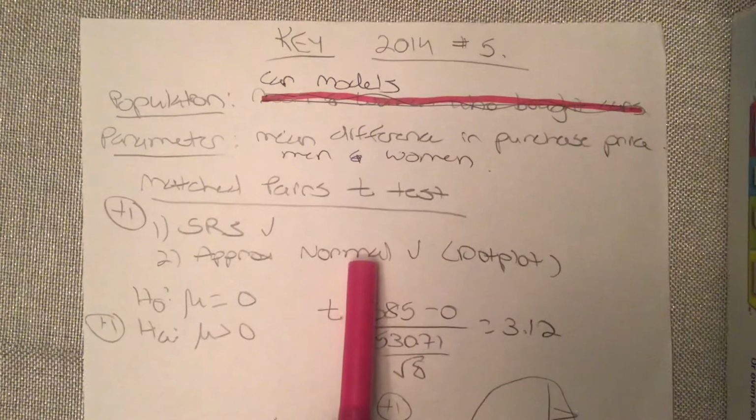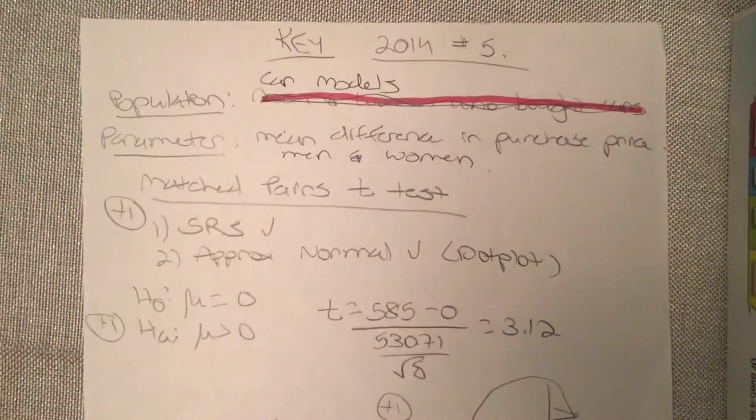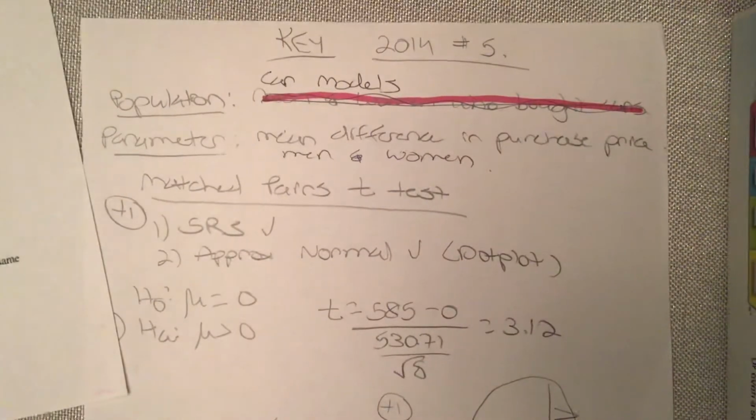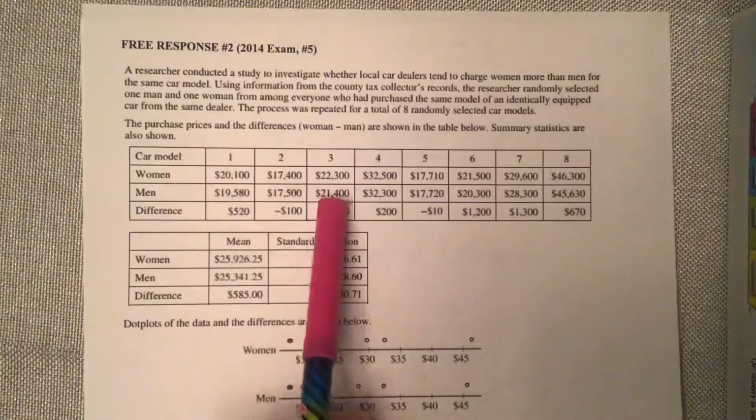So remember, approximately normal for means: first, they tell you. They do not tell us it's approximately normal. The second thing would be to go to the central limit theorem, but my sample size is only 8. So remember, your third thing to do is you can make a quantile plot, which you can do here because you have all of the data, you have all of the differences.